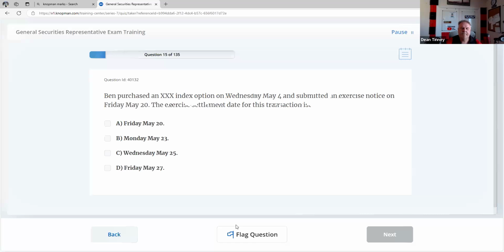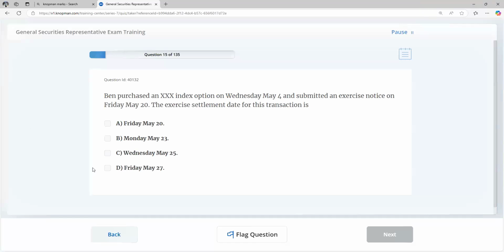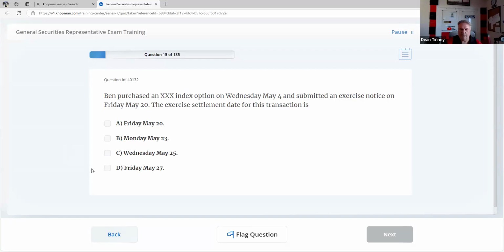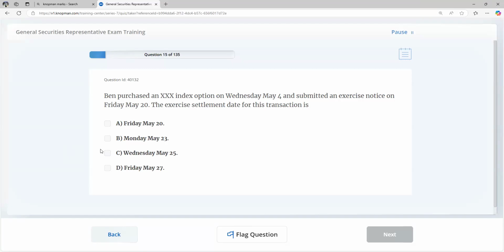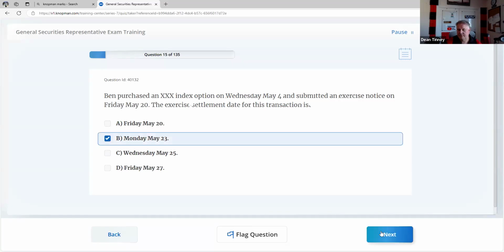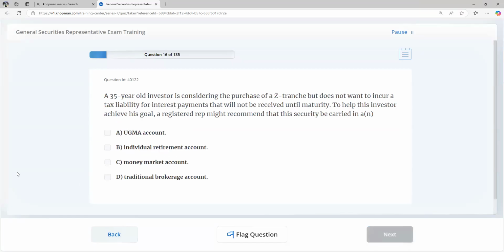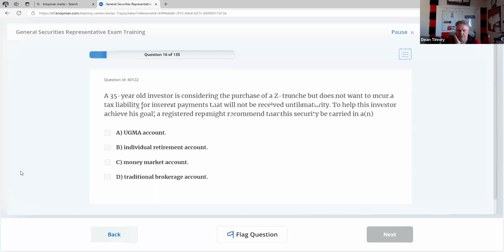So he purchased it on the 4th and the exercise, I'm still thinking it's the same day. So you think it's Friday? Um, Friday, Saturday, Sunday, Monday. Yeah, T plus one. Yeah, Monday. Sorry. No worries. I don't know why, but then I was like, index settle in cash, but they settle T plus one.